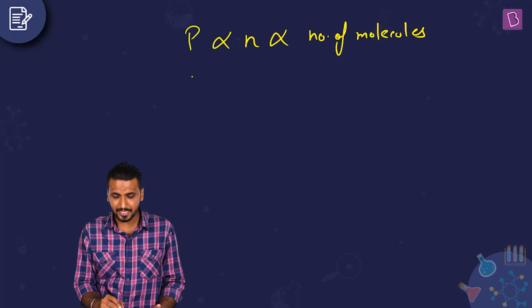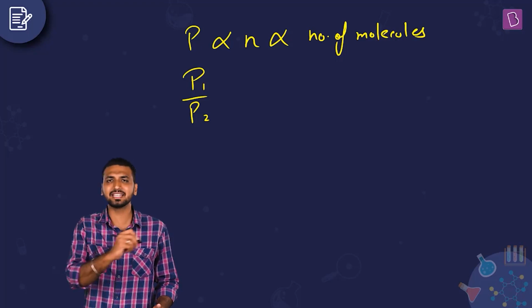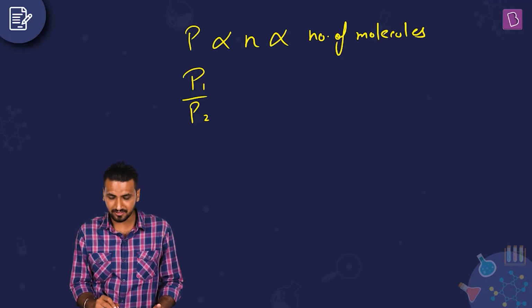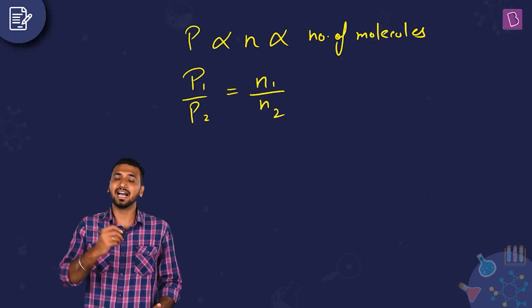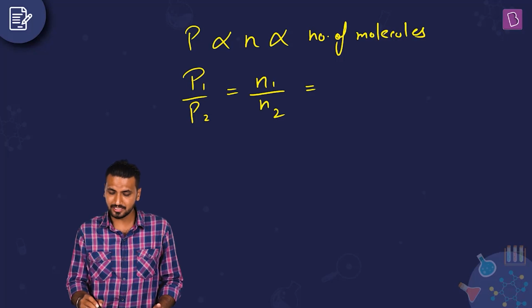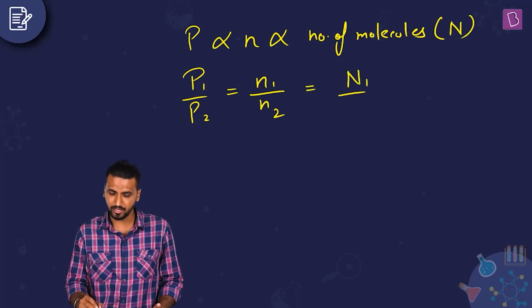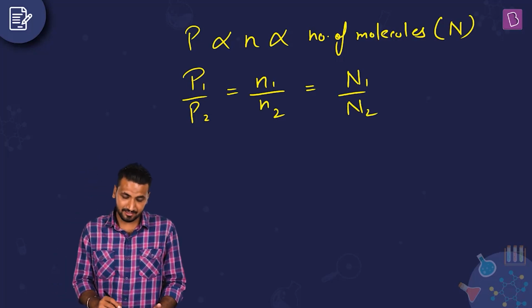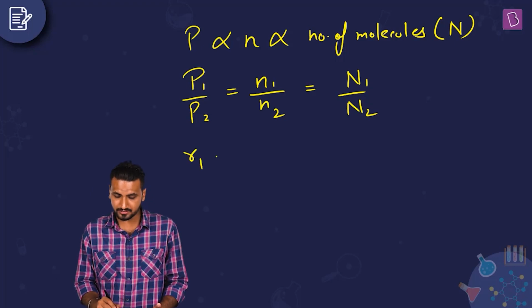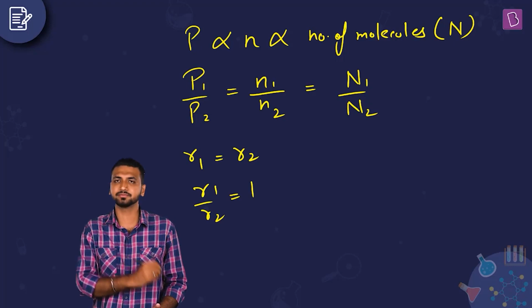So if I take the ratio of pressure 1 by pressure 2, where SO2 is gas 1 and methane is gas 2, that will be equal to the ratio of moles of 1 and 2, which is equal to the number of molecules, represented by capital N, N1 by N2. If rate 1 is equal to rate 2, then rate 1 by rate 2 is equal to 1.